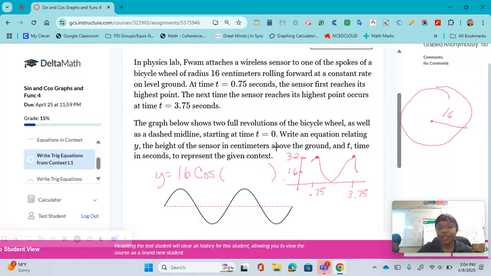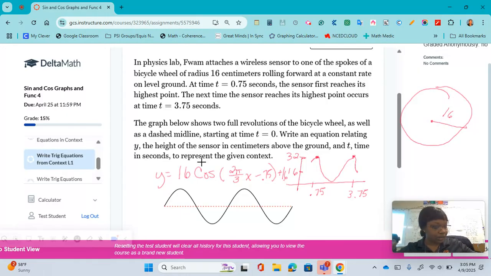We have a period of 3. That 3 needs to go under our 2 pi, so that's going to be 2 pi over 3x. This shifted to the right by 0.75. If it shifted to the right, we do the opposite and minus 0.75. And then we need to get the midline, plus 16. 16 cosine, 2 pi over 3 minus 0.75.